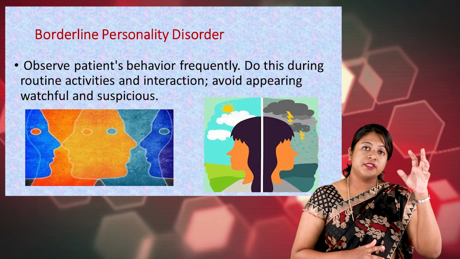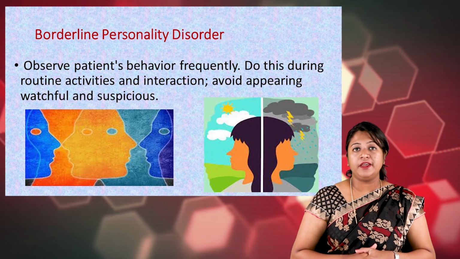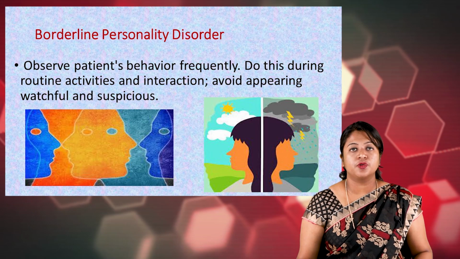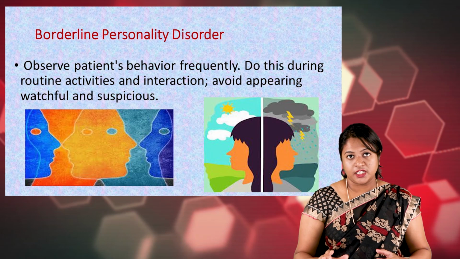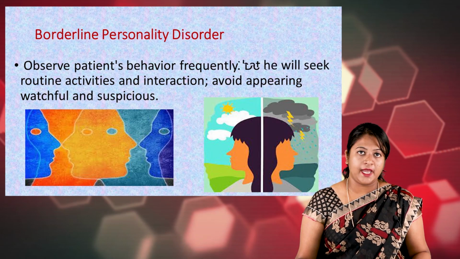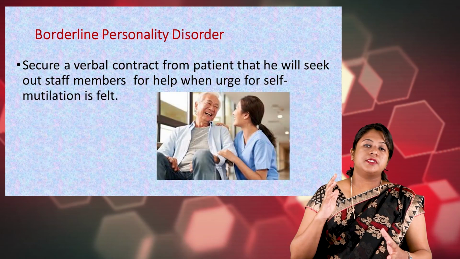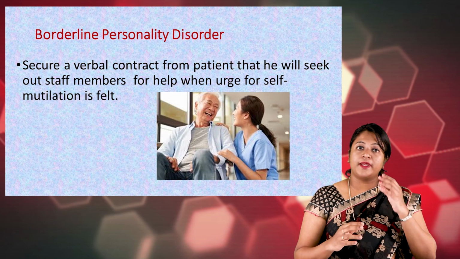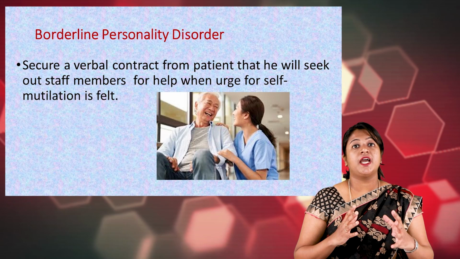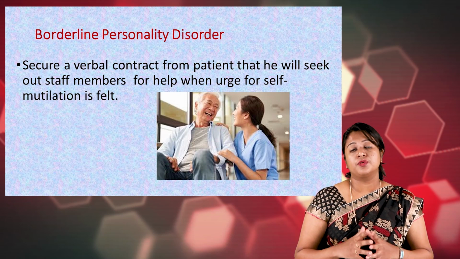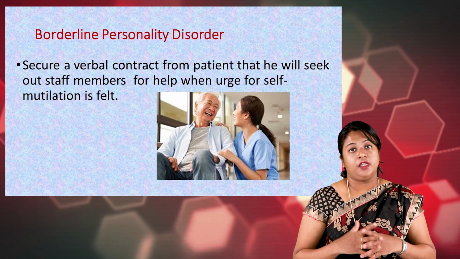And also see to it that you monitor the behavior of the client, so that you can plan the various activities and interactions based on the client. See to it that you set a contract with the client. Whenever he is having self-mutilating behavior, he has to approach the staff so that he can seek out help.